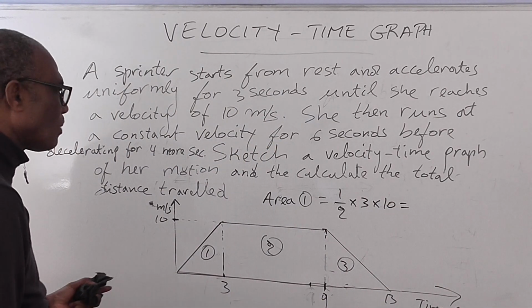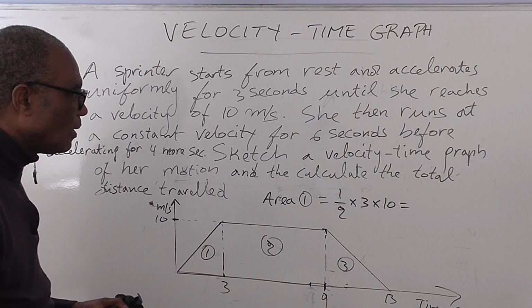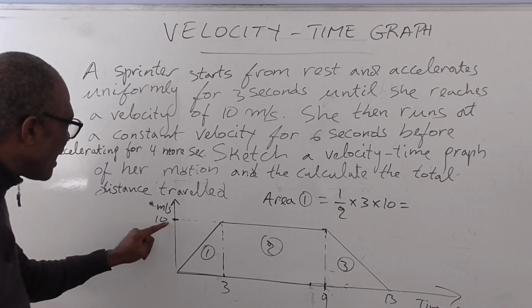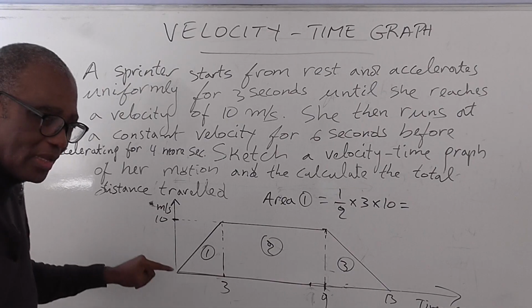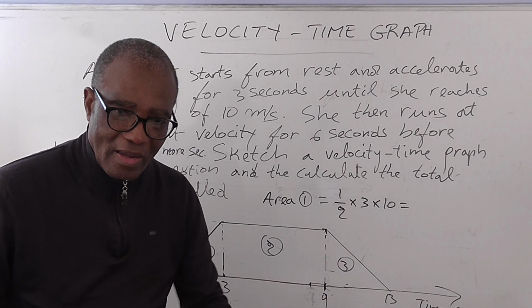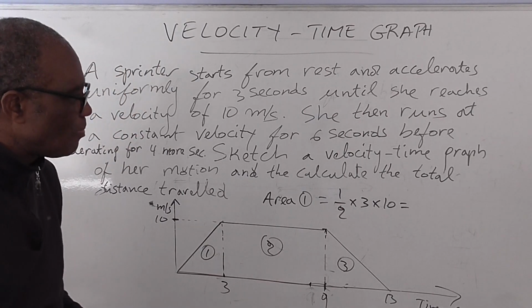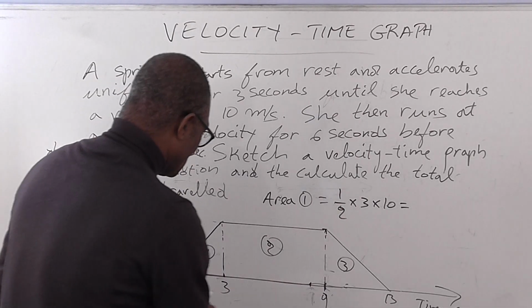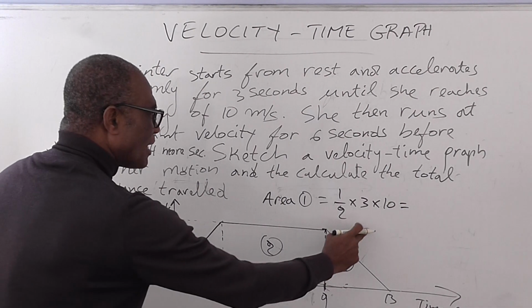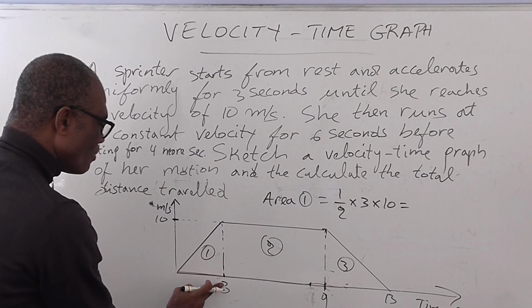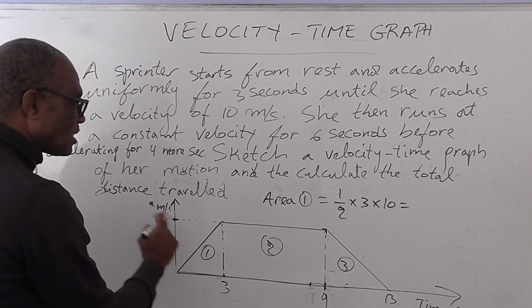Is the height 10 seconds? No. The height here was meters per second. We are going to calculate the area. Don't use the unit here. Okay. So 3, the base, multiplied by the height, 10.